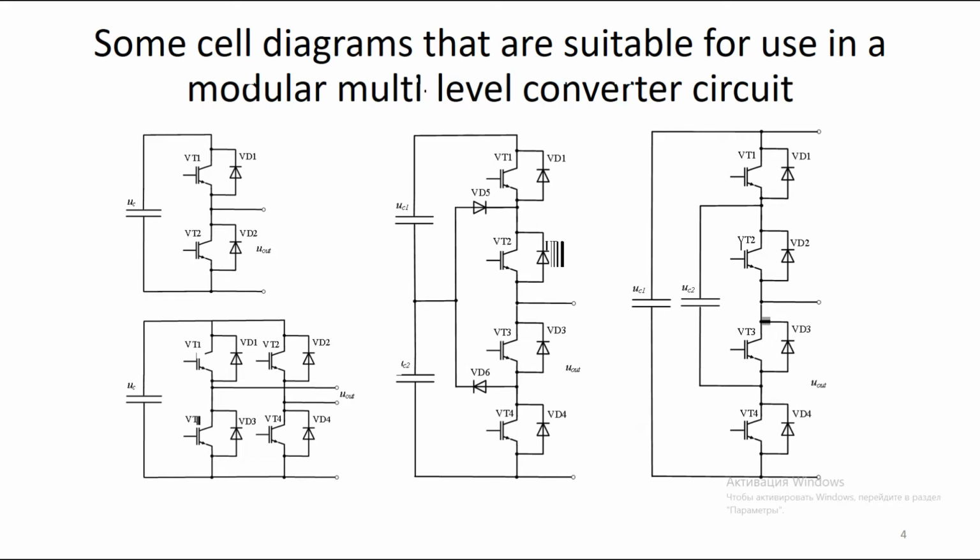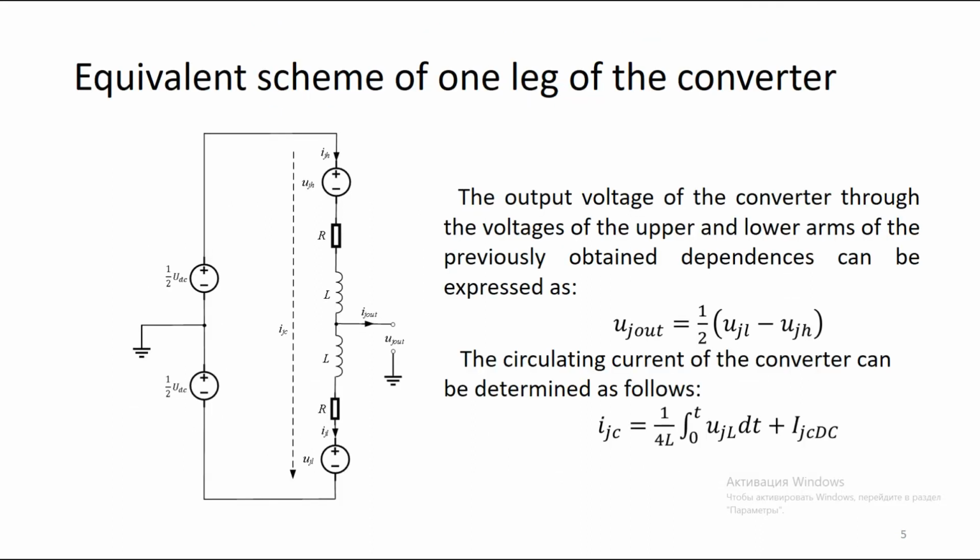The use of more complex schemes of converter modules is explained by the need and expediency to have more levels of output voltage, which reduces the total number of semiconductor elements used. The overall dimensions of the modular multilevel converter.